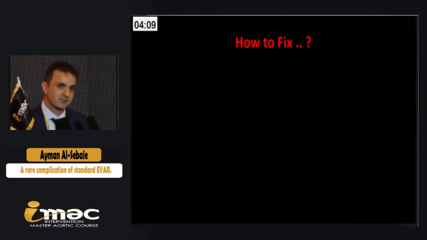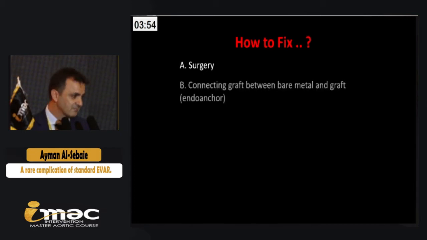Now, how to fix? And do we need to fix? This is a question. A surgical option is very difficult, to convince a patient who had an EVAR in the beginning, to tell him we want to take your device out and repair the aneurysm. Connecting a graft between the bare metal and the graft, maybe with endoanchors, but the neck is dilated and you will end exactly on the separated bare metal.